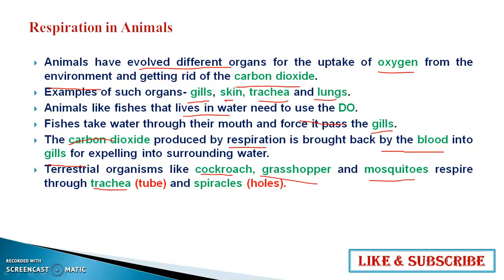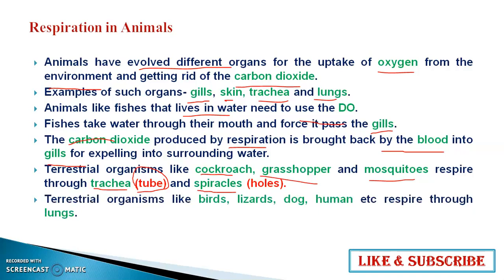Insects respire through the trachea, which is just a tube-like structure present on the lateral side of the body. These organisms have spiracles, slit-like apertures on the lateral side, through which they take up the oxygen present in the atmosphere, and they also expel the CO2 through the same apparatus.